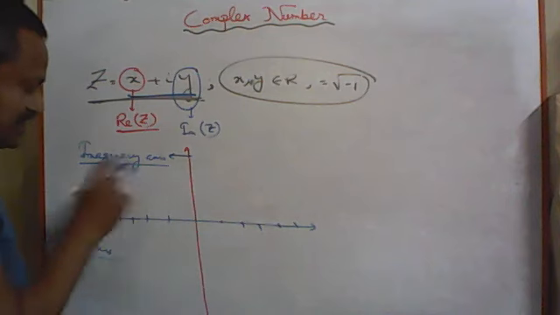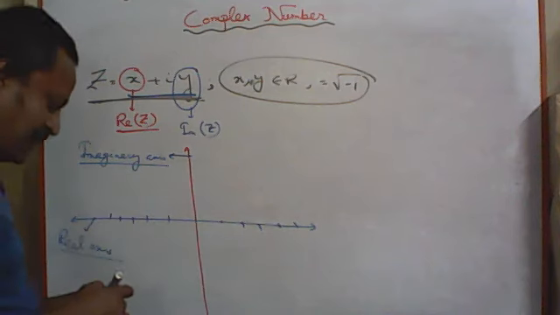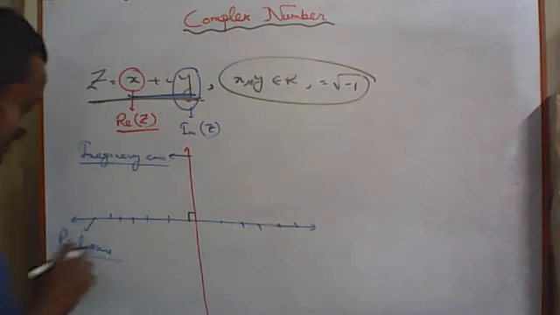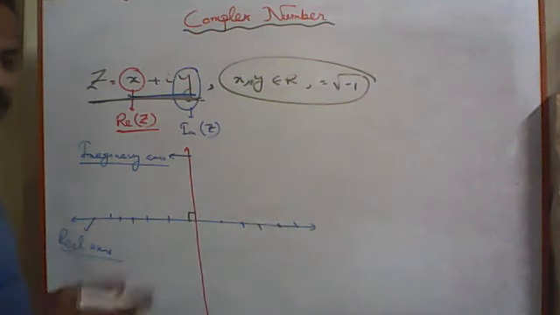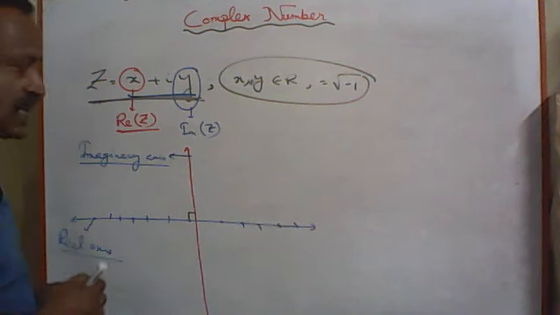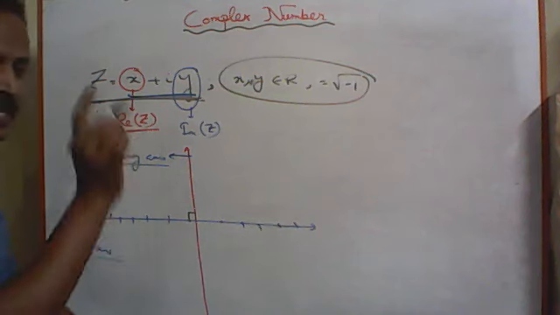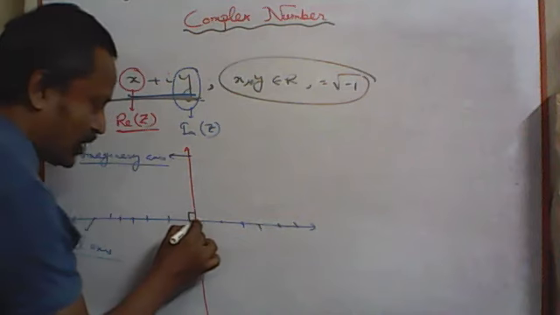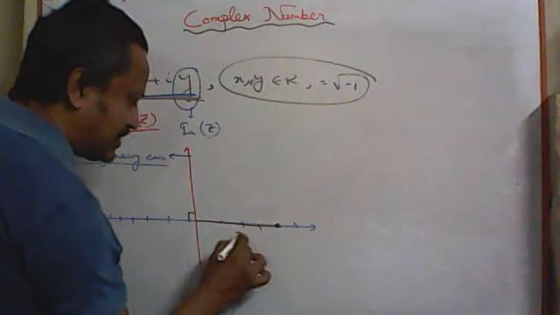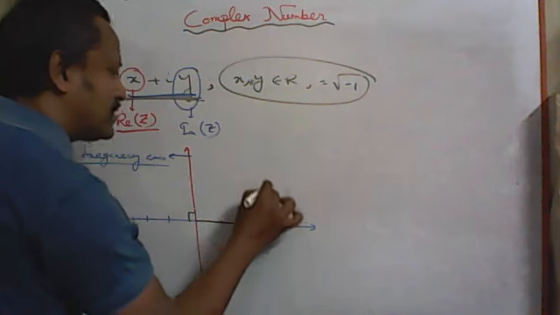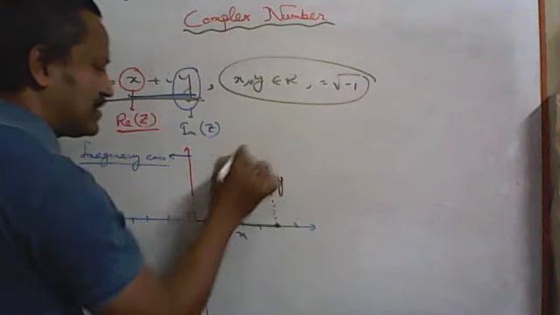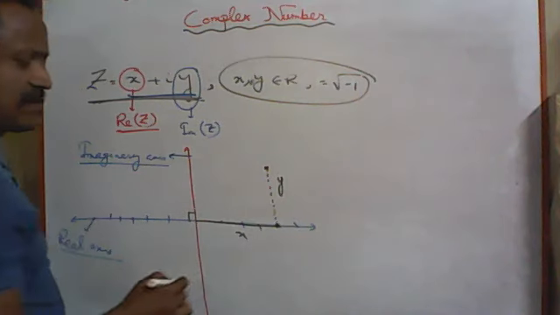Consider a plane with two mutually perpendicular lines, where the horizontal line is treated as the real axis and the vertical as the imaginary axis. Then for the complex number x plus iy, first we consider x along the real line, and then the y distance from the real line above it.